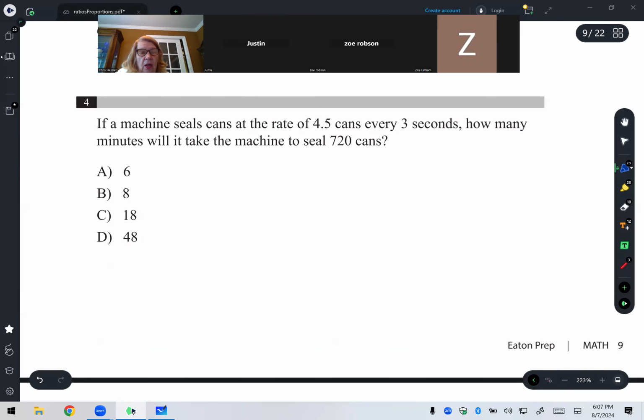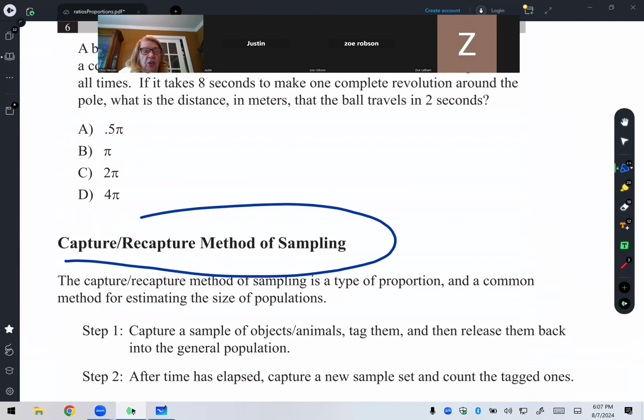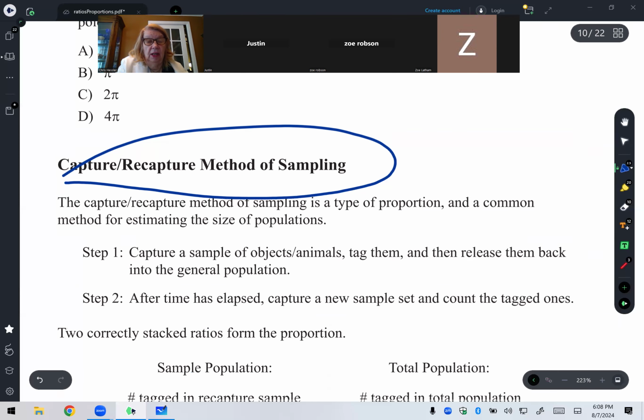Okay, so now we're going to go to capture, recapture. So I don't know if you've ever done this, but this is how they find out how many deer are in a forest. They can't, or even with elections, they can't go out and interview everybody. So what they do is they capture a sample and then they count the tagged ones. So we're going to look at an example.